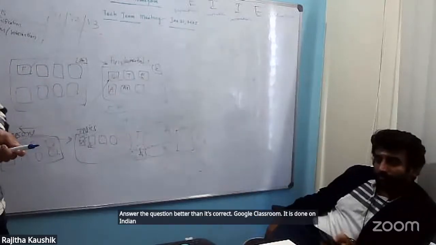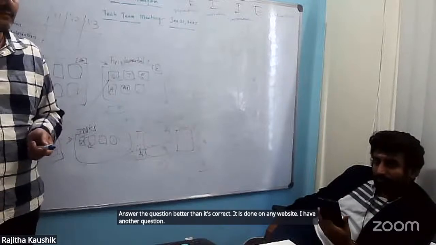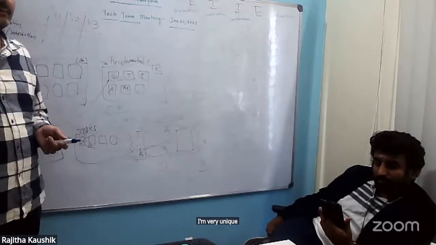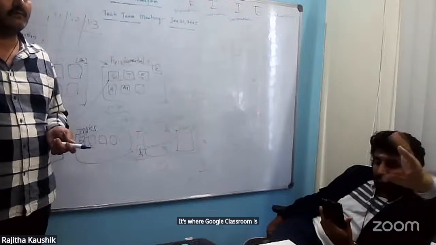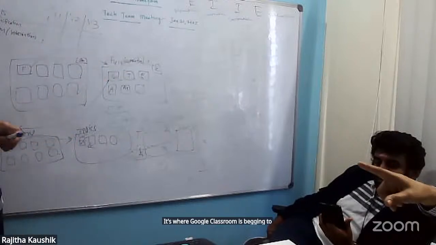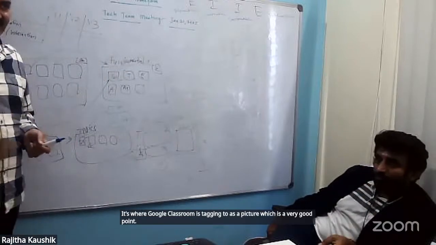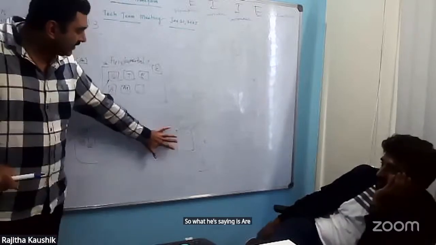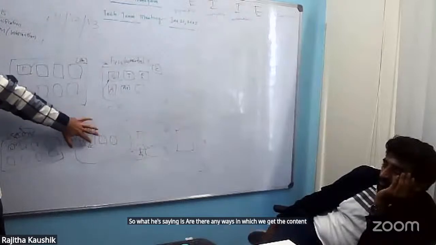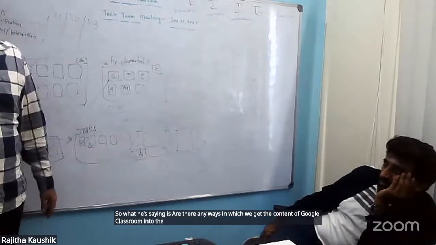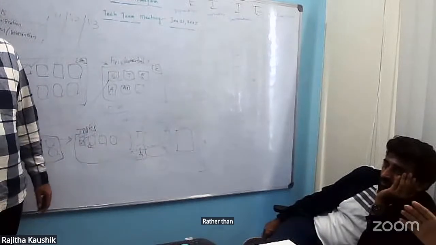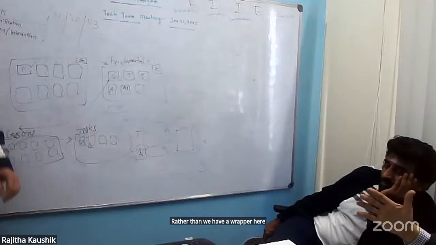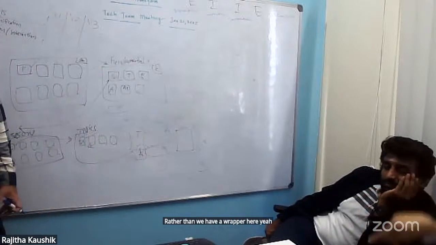I have another question. Are there any plugins where Google Classroom is fed into Gemini as a picture? Very good point. What he's saying is, are there any ways in which we get the content of Google Classroom into the UI itself, rather than having a wrapper AI app in which Google Classroom appears?